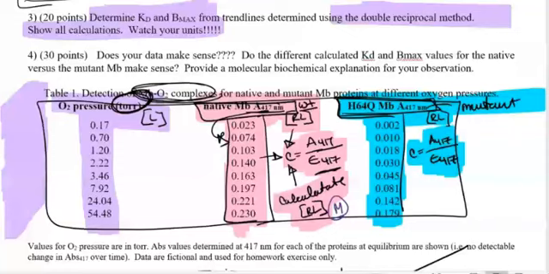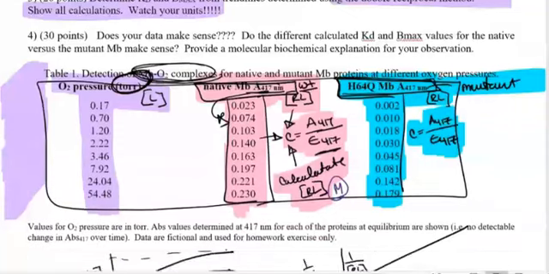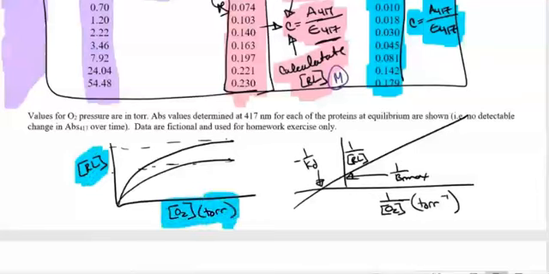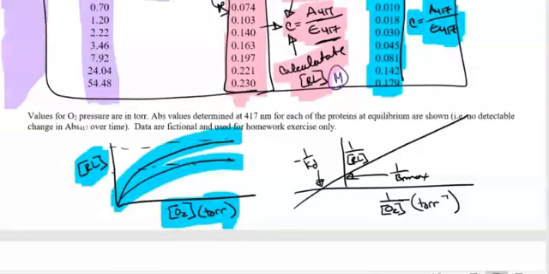Then you're going to plot your data. Here are the plots. This is how you're going to plot your data. Put receptor ligand complex versus oxygen concentration. You have two plots that are going to go on this graph. One of them is mutant myoglobin. One of them is wild type myoglobin. And you're going to do a double reciprocal plot.